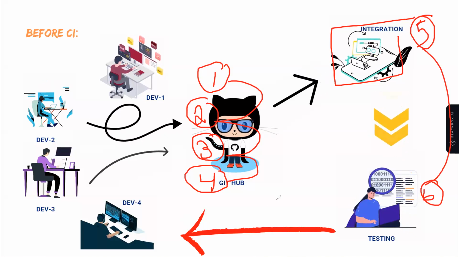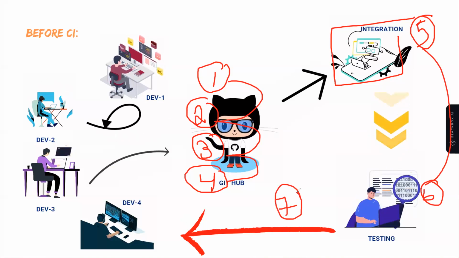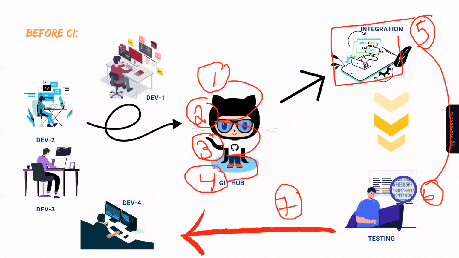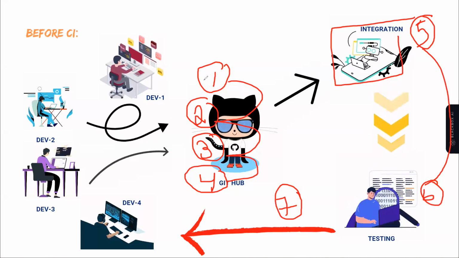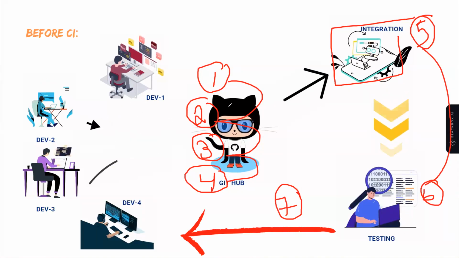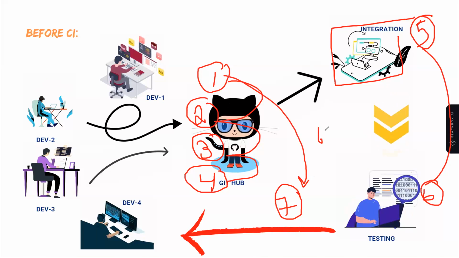But on day 7, he finds a bug in the code, and the bug is from developer 1's side. Developer 2 and developer 3's code is working fine. Developer 1 gave the code on day 1, but the tester found the bug on day 7. How many days is the difference?